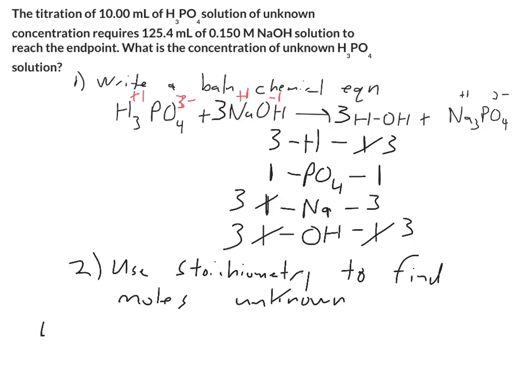So I'm going to go ahead and convert milliliters to liters. There's 1,000 milliliters in a liter. So move that decimal over 3 places. That's how many liters of sodium hydroxide we have.